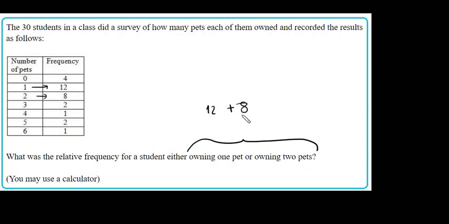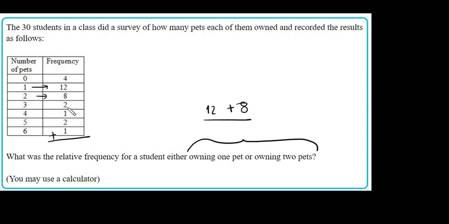We just add them together, 12 plus 8, over the number of students, or the total frequency, when you just add them up. It is already given in the question, 30 students, but it may not be given. For example, the question may say, in a group of students. So you should just add these frequencies.